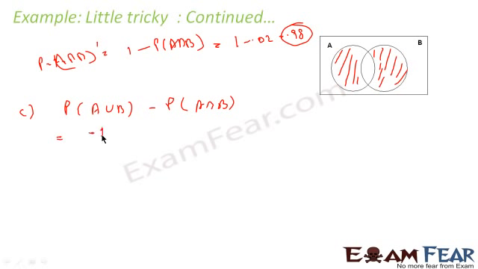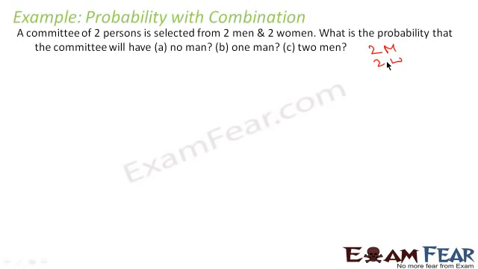Now let's take some probability example with combination. A committee of 2 people has to be selected from 2 men, 2 women. What is the probability that it will have no man? So it will have 0 men and 2 women, case 1.